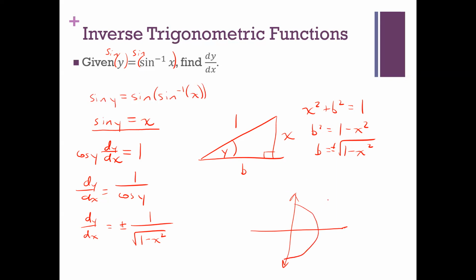Why is the cosine positive in those 2 quadrants? Right. So that means I can delete this plus and minus and just take this. So the derivative of the arc sine, or inverse sine, of x is 1 over radical 1 minus x squared.